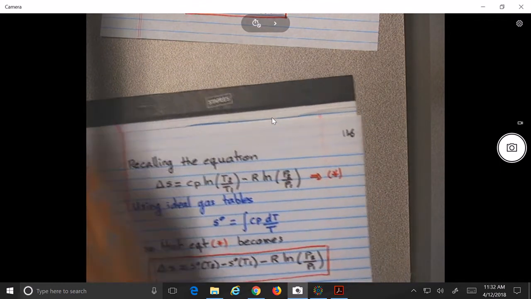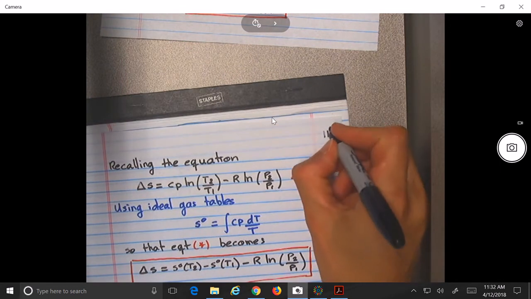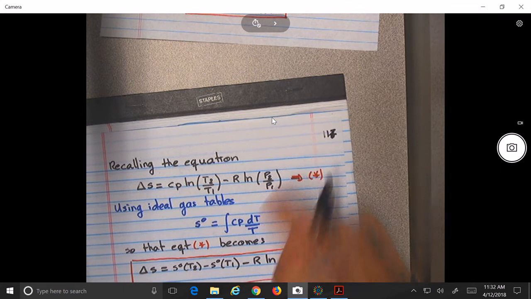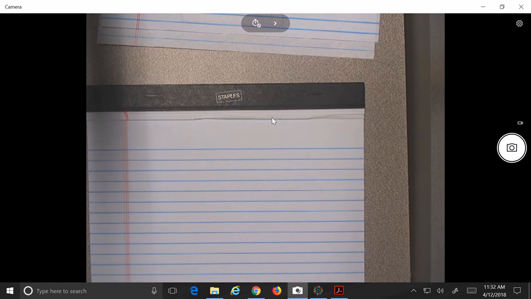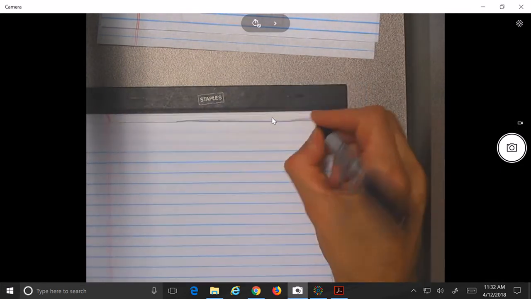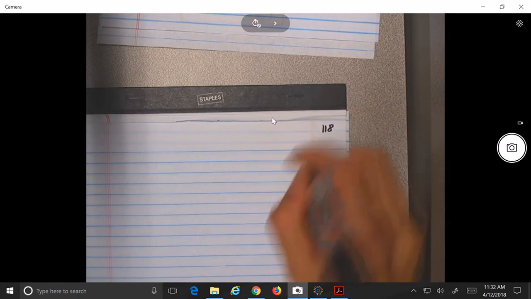Oops, that was page 117. Page 118, we're going to do problem 661.